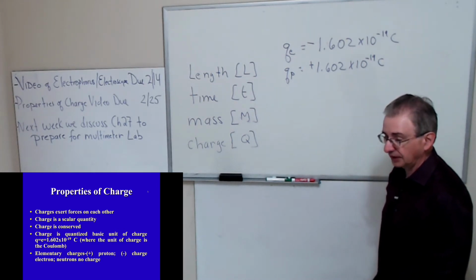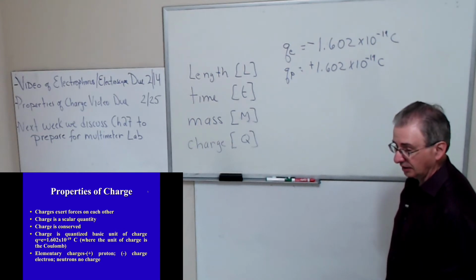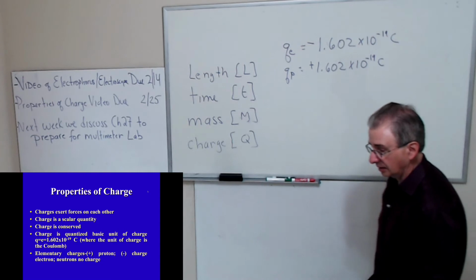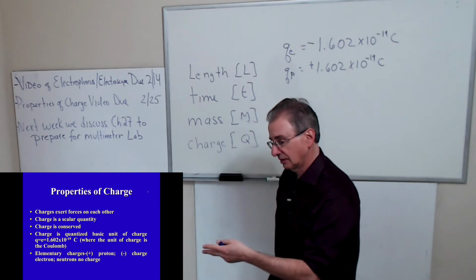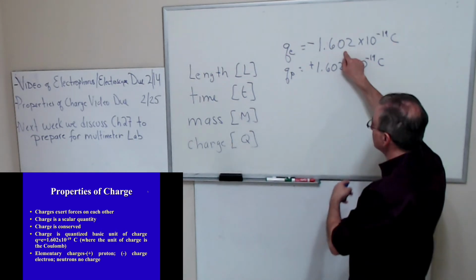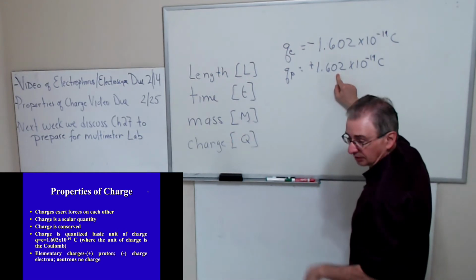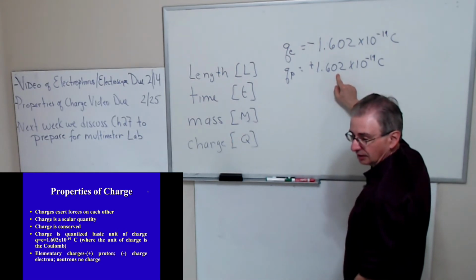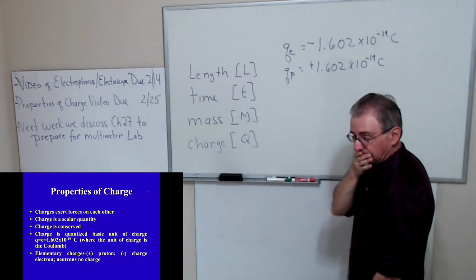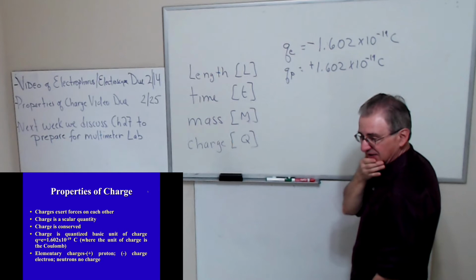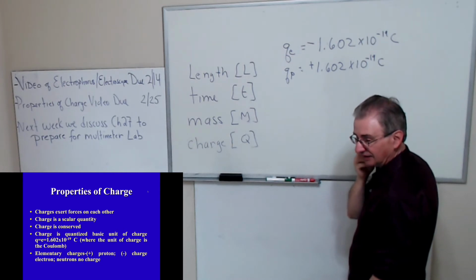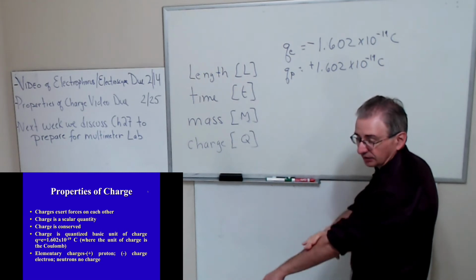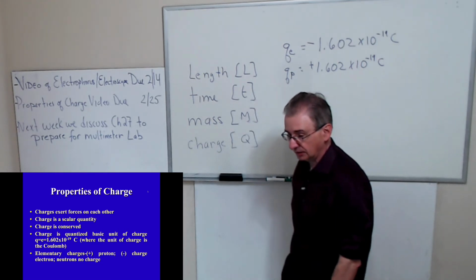Professor? Yes. How are the charges a linear combination? Aren't they just multiples of these? Well, what I mean is if I take 2 electrons and 3 protons, I'm going to take 2 times this plus 3 times that. That's what I mean. Right, because one's positive, one's negative. Does that make sense in terms of how I said that? Yeah, it is just based on how many electrons and how many protons are in that material.